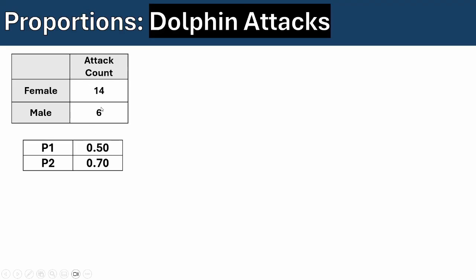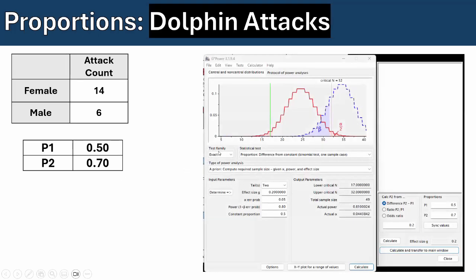So 14 females out of 20 is going to be 0.70, so 70%. So I want to test if that would be significant. I can go to exact proportion difference from constant, and then I can plug in my 2 different proportions. It'll give me an effect size, and it'll calculate that I need a total of 49 samples, or 49 observations in this case, to test that proportion against the null.